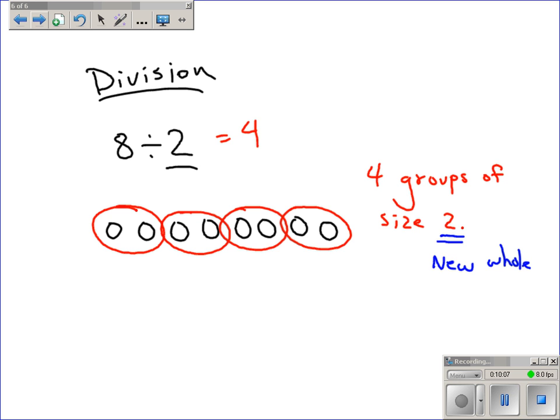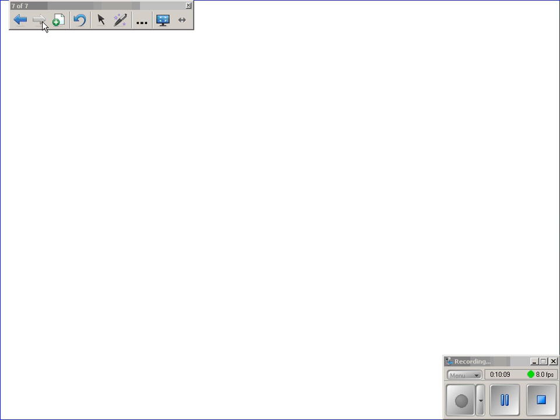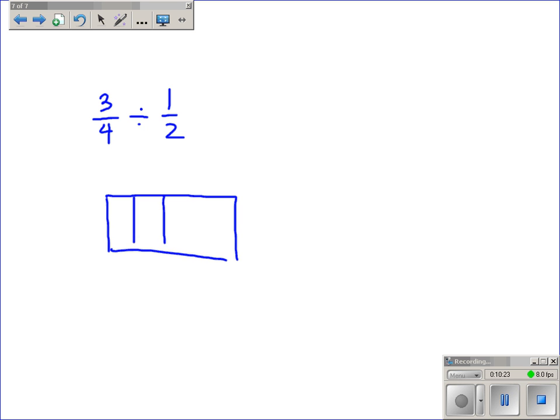Let's move into a fraction problem. If I take, let's say, 3/4 and divide it by 1/2. Okay? Let me first draw what 3/4 is. Okay, there's 3/4. Now the question is, how many groups of size 1/2 are there in 3/4?